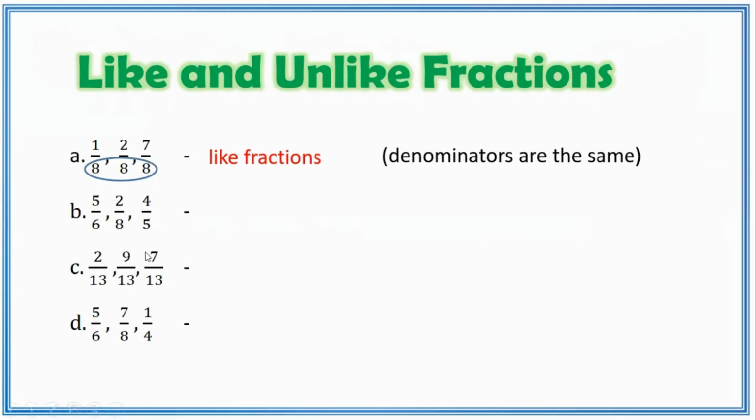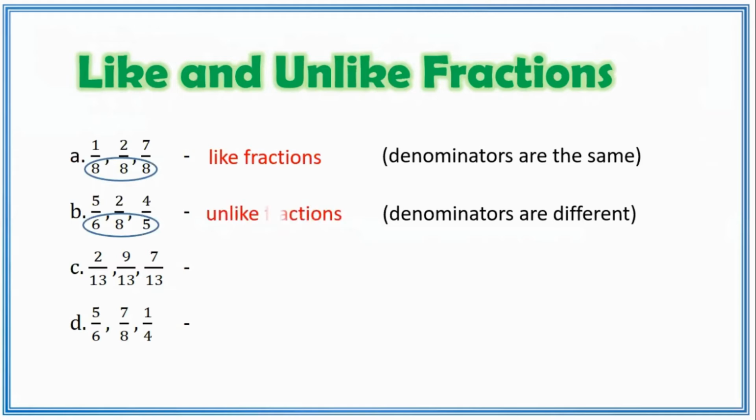What about example letter B? Look at the denominators. So as you can see, the denominators are different. And if the denominators are different, these fractions are called unlike fractions.